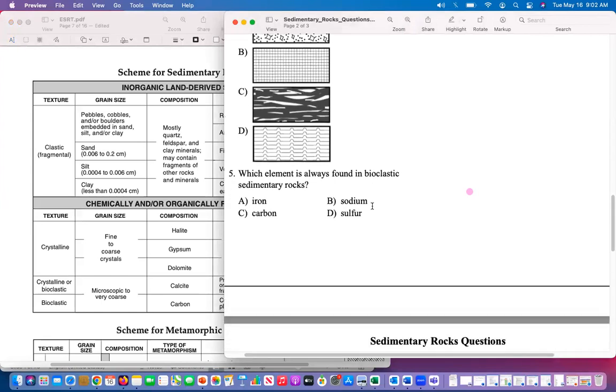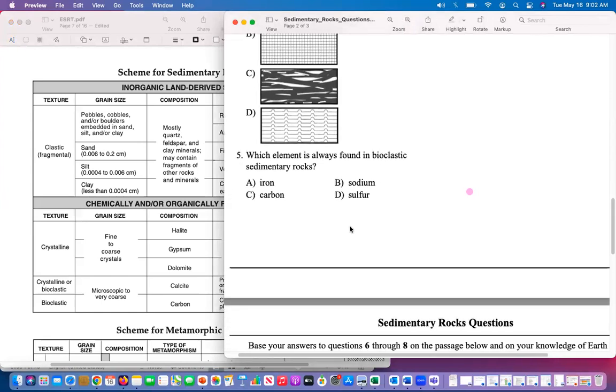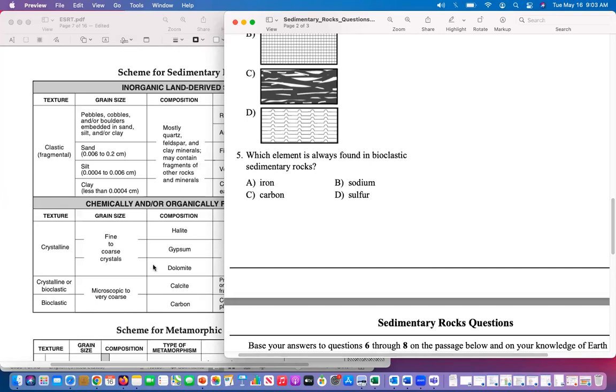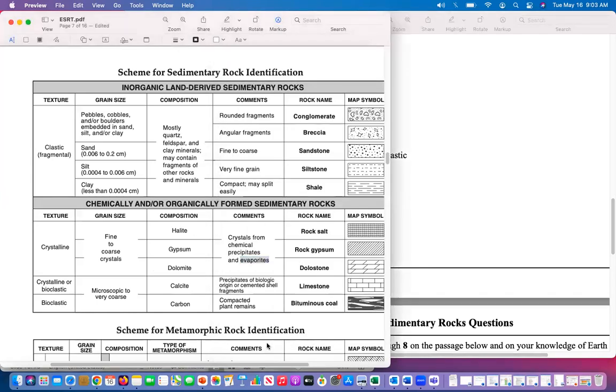Number 5, which element is always found in bioclastic sedimentary rocks? So I'm going to look where it says bioclastic sedimentary rock, all right? And when I take a look right here, I know that there's two, one that says crystalline or bioclastic, and then there's one that's purely bioclastic.